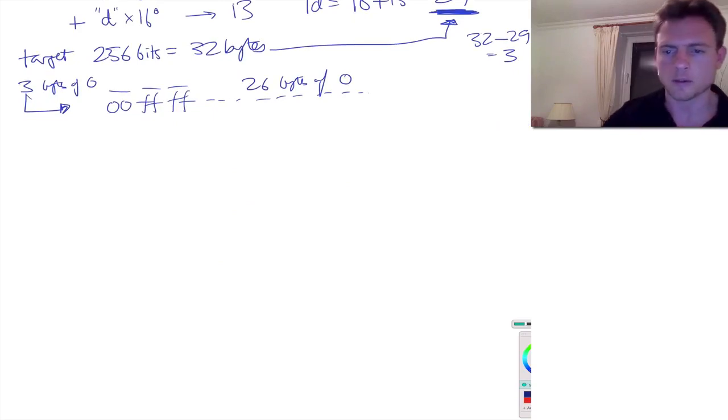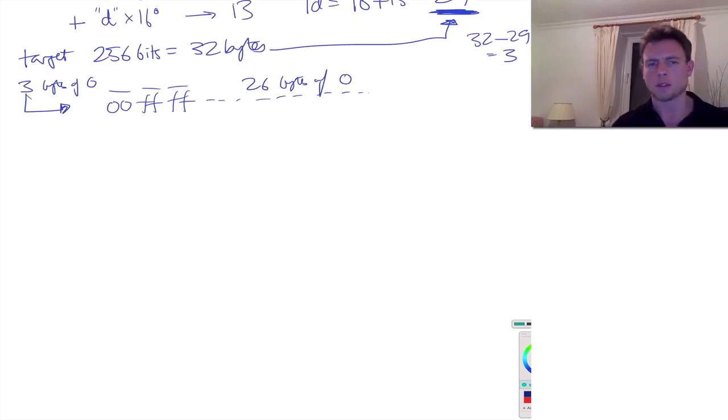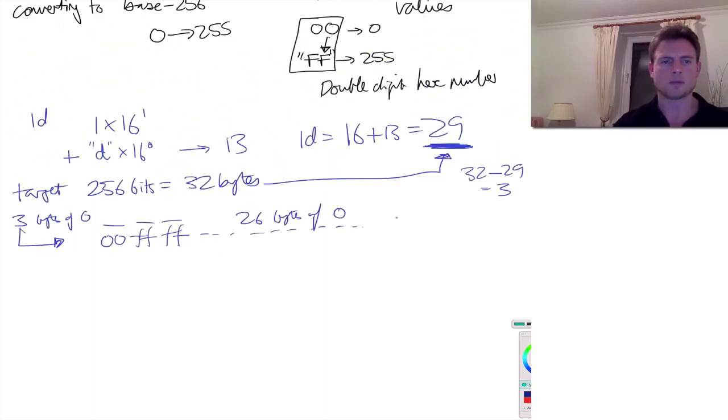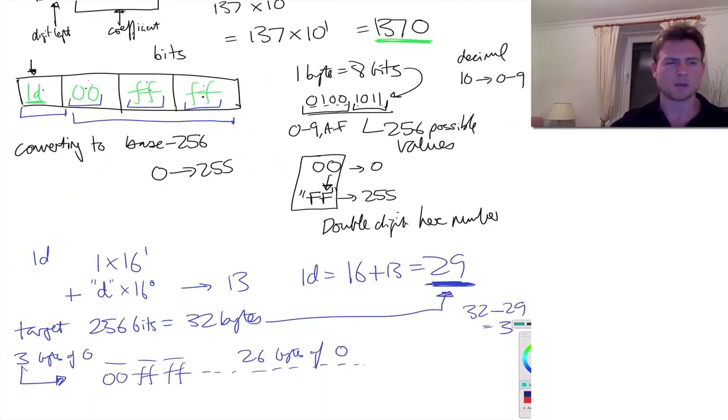Now that's a lot to get your head around, but it's actually not that complicated when you think about it. What you're basically saying is, in base 256, it's this number here raised to the power of this number in hex minus 3, and it's exactly the same as what we did.